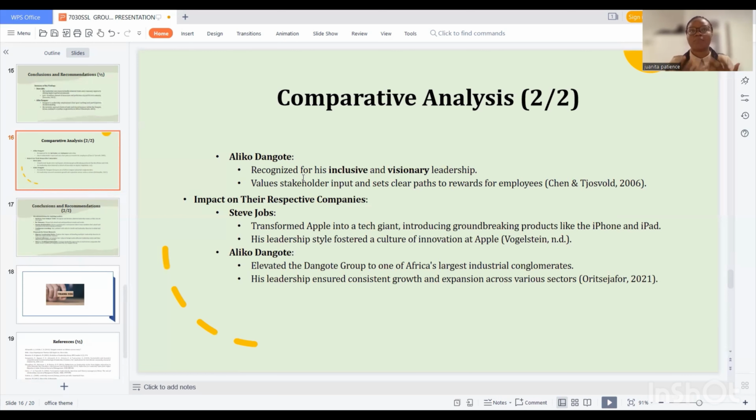Moreover, continuous learning and the ability to adapt are indispensable traits for effective leadership. By understanding and making use of their individual leadership skills, aspiring leaders can effectively guide and inspire others.